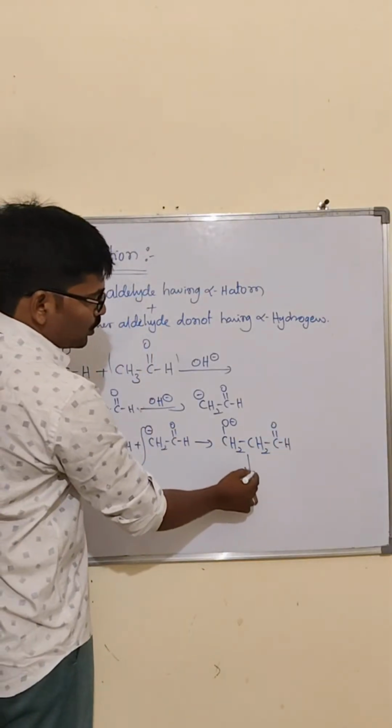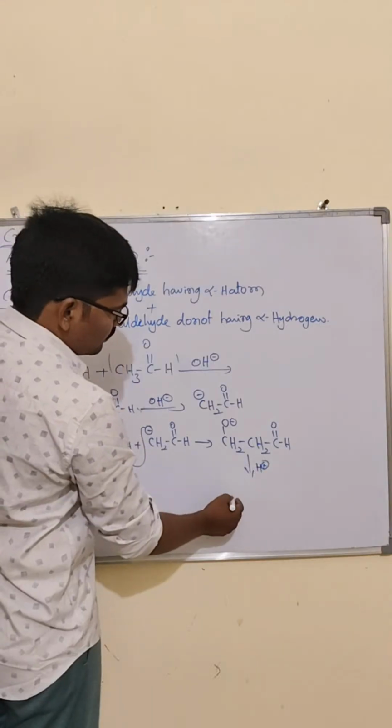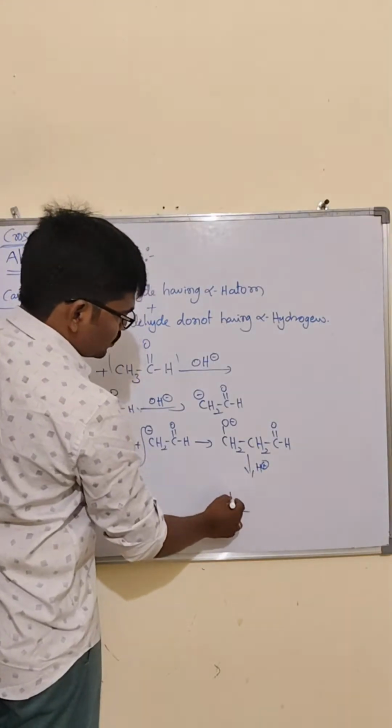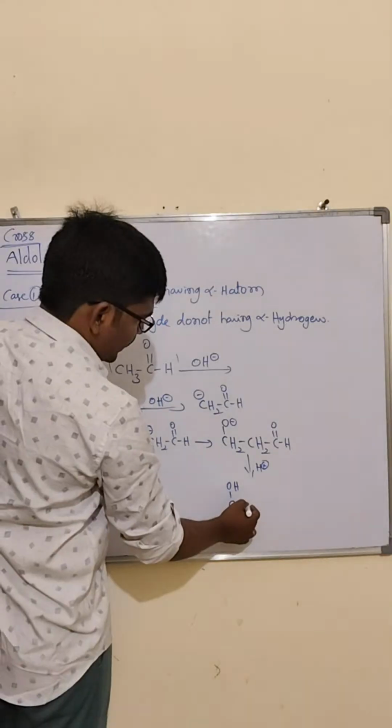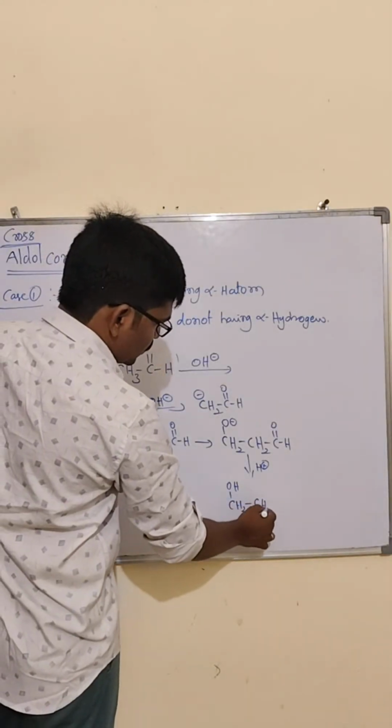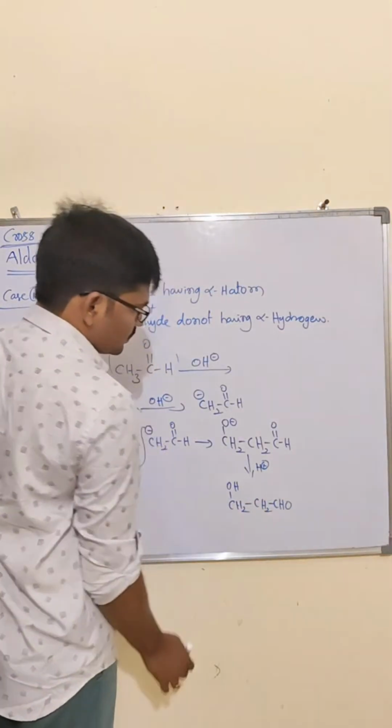Now protonation takes place. Protonation jarigite em form avutundi? CH2OH, CH2, CHO. Like this will be formed.